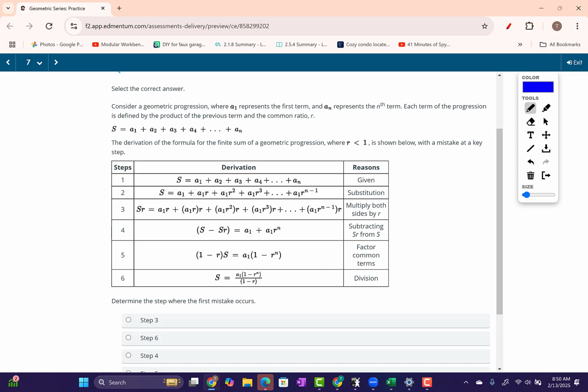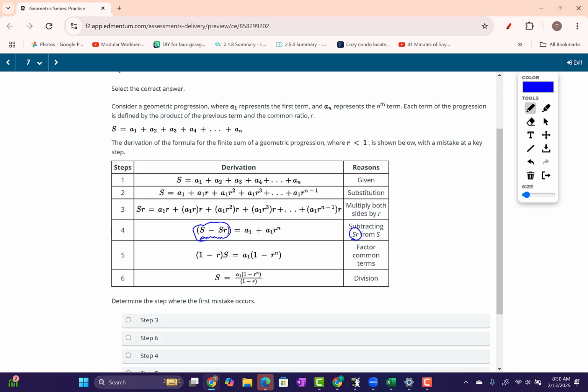Step 4, we're subtracting SR from S. So let's be clear with the language there. We are subtracting SR from S. So this is correct right here.